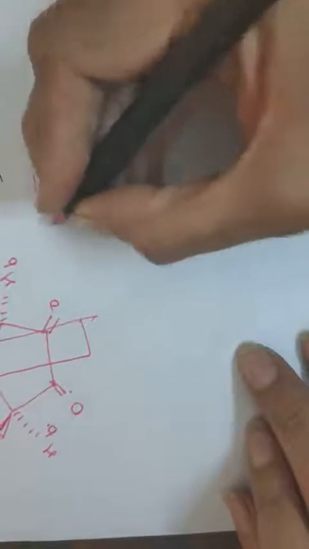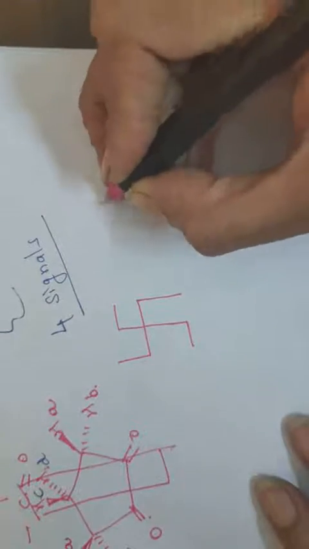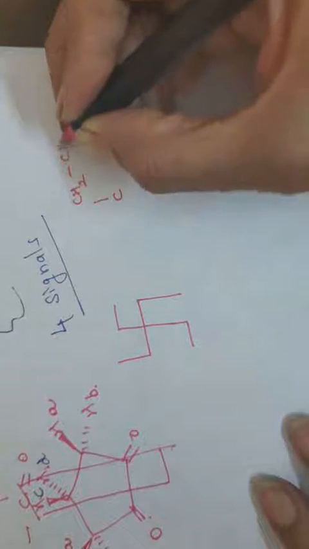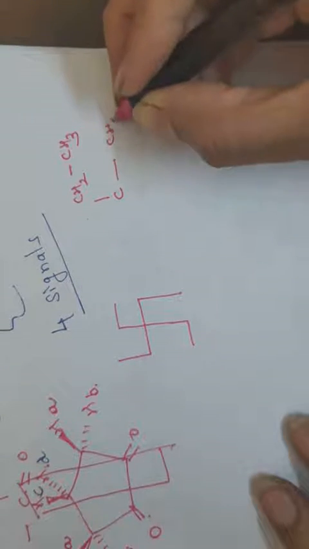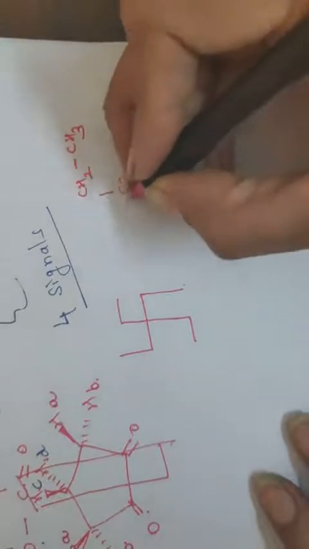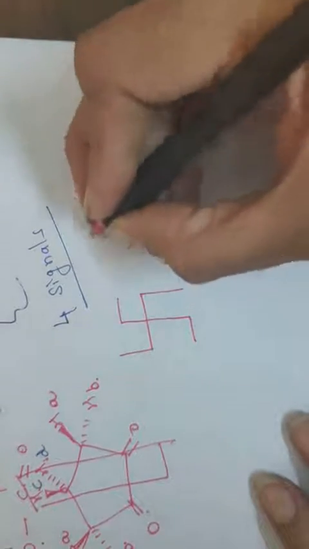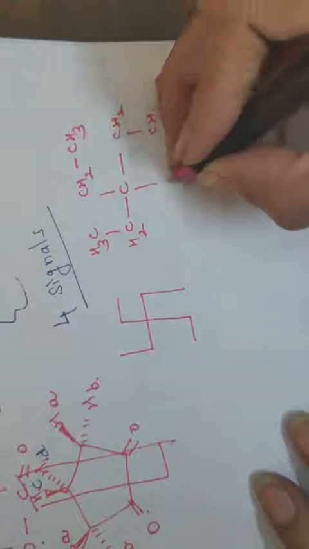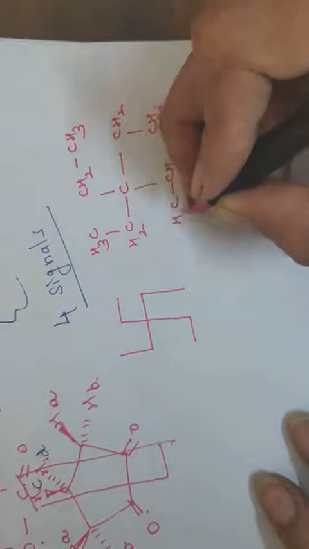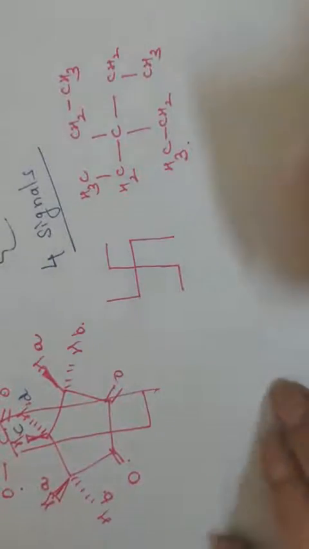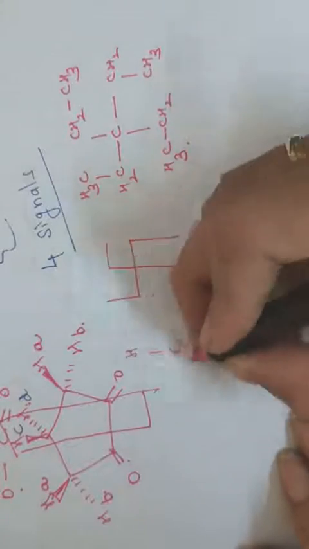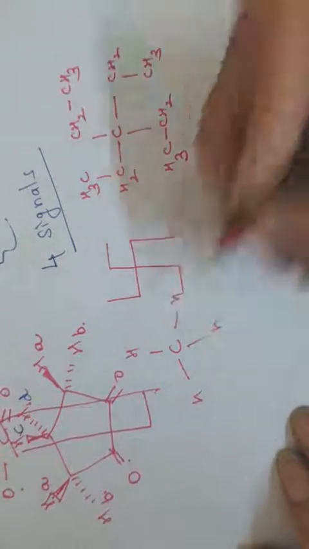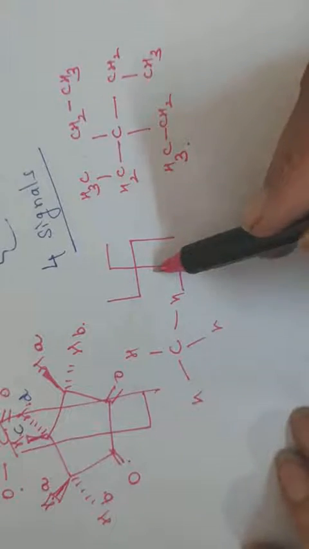Now let us take this example. Actually this is carbon present in the center. This is CH2, CH3. This is CH2, CH3. CH2, CH3 here. This is CH2 and CH3. So this is exactly similar to methane. H, H, H and H. All the 4 hydrogens are homotopic.